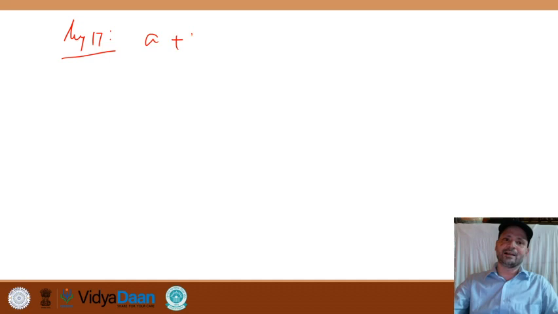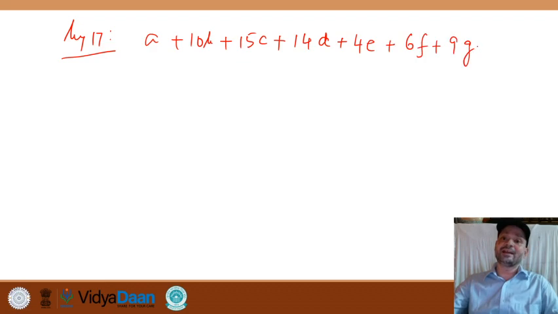You can use all these concepts for all types of numbers. Suppose you are doing it for 17, so you can further see that a, then plus 10b, then for 100 it will be 15, so it will be 15c. Then for 1000, it will be 14d, then 4e, then 6f, then 9g, then 5h, and then plus 16i.